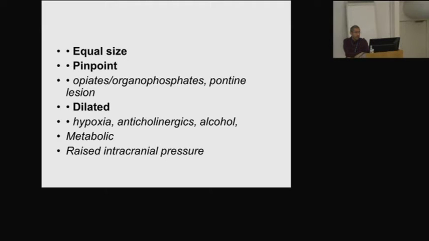So if the pupils are equal size, pinpoint pupils can suggest opiate or organophosphate poisoning, or a lesion in the pons. If they have dilated pupils, they could have poisoning from anticholinergics. It could be related to alcohol, hypoxic brain injury, metabolic abnormalities, and of course raised intracranial pressure can cause dilated pupils as well, which may be fixed.